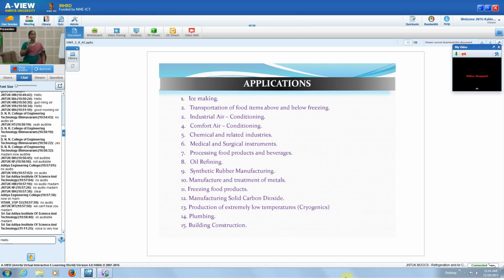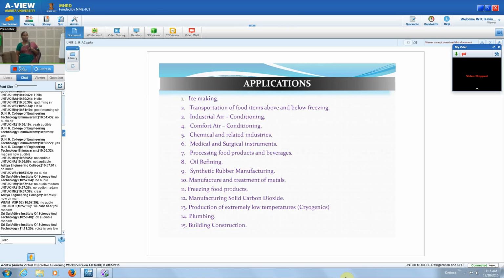Then industrial air conditioning and also comfort air conditioning. For the comfort of human beings, the temperature is always important, then relative humidity, all these are important. Comfort air conditioning depends upon the season of the year and the location in the country, everything. Then chemical and related industries.